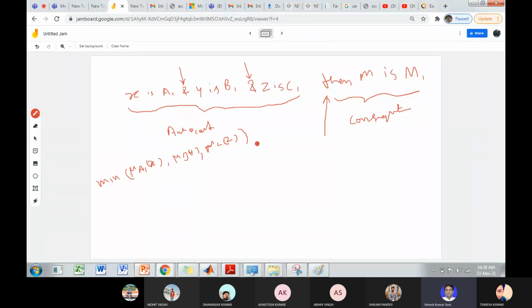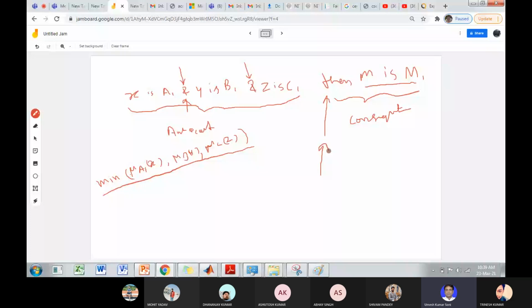So this will be defined using the AND rule. AND will always take the minimum of all these membership functions. Suppose you have OR, then it will take the maximum. Now how M1 is represented, here comes the implication.